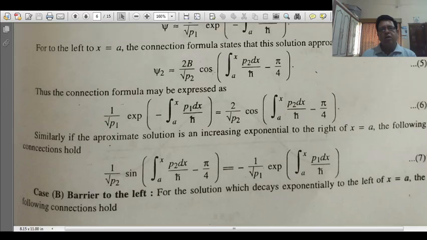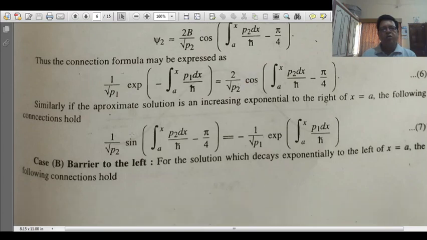Here this is cosine, and here this becomes sine, and there is a minus symbol here.